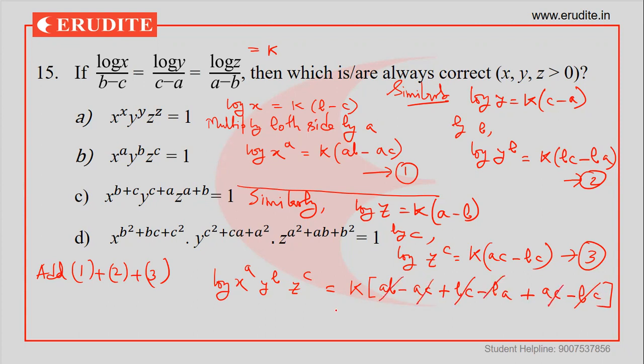So it should be nothing but equal to 0. Once it is 0, that can be written as log of 1. So I can find x to the power a, y to the power b, z to the power c is equal to 1, as log of this equals log of 1.